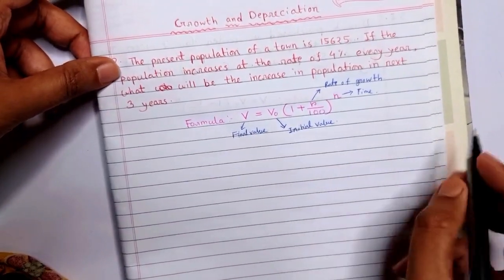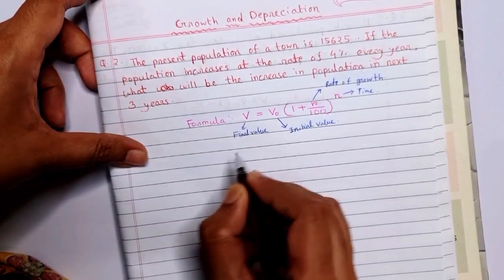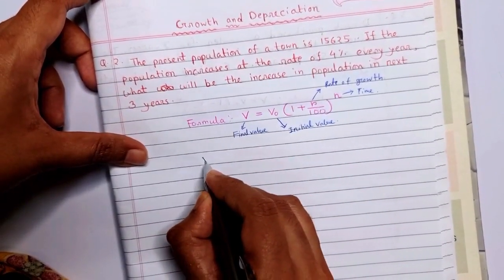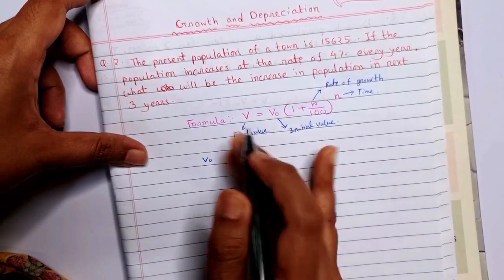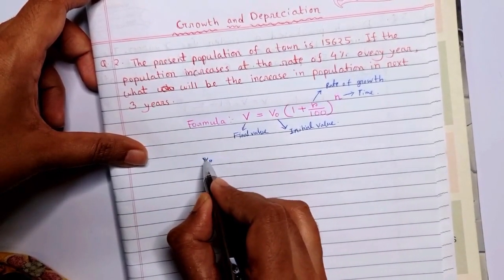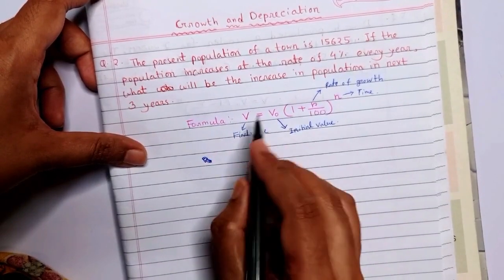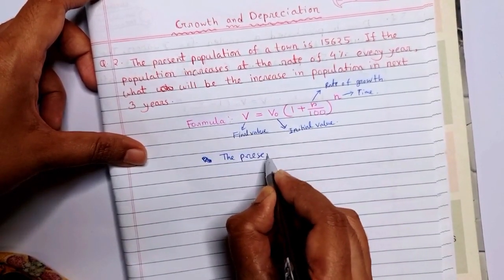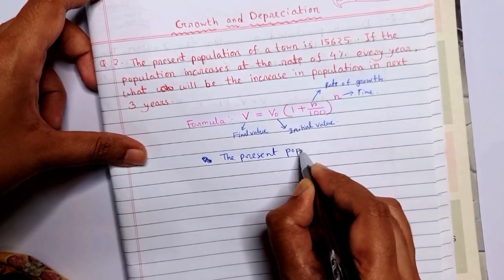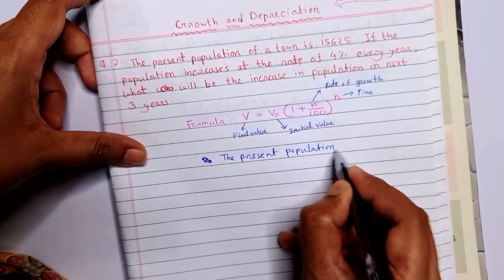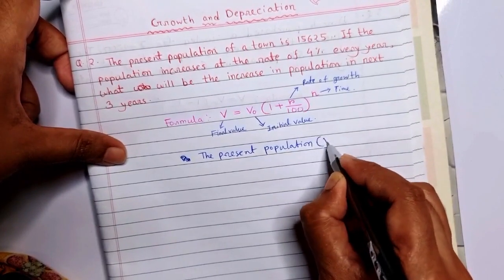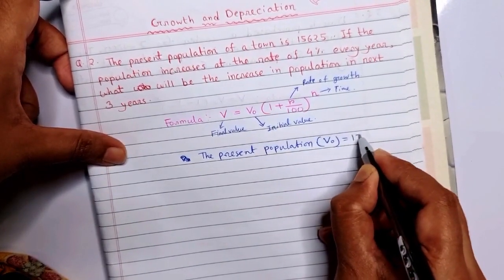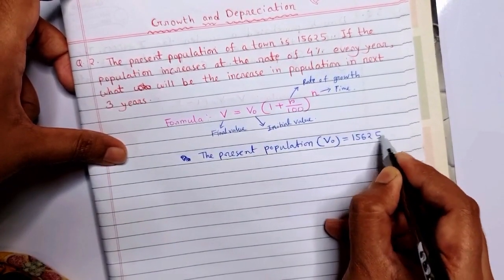So, first you write V0, which means, since you are learning for the first time, let's write the present population. The present population, which is in bracket V0, is equal to 15,625.